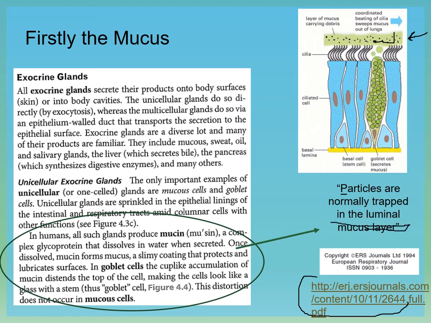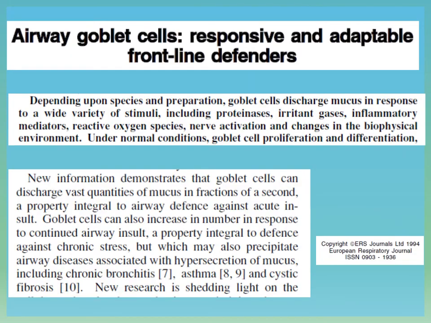So that leads me to believe that the mucus is going to be sticky. Okay, so I'm picking out little bits of information from different sources, so I can possibly link that to the previous slide about the cilia, and I'm just piecing pieces of the puzzle together.